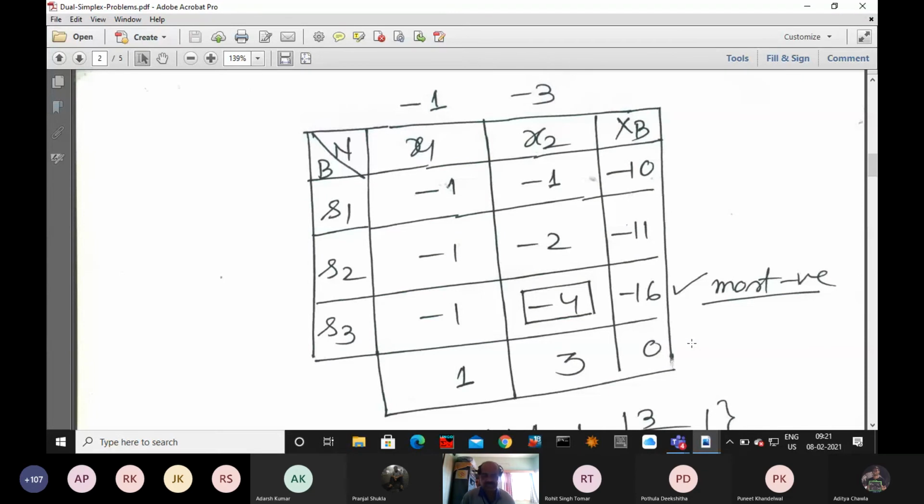Positive means there may be some increment in the auxiliary function, not for the constants. And what about the right-hand side? The right-hand side is all negative. So due to the negative value of the slack variables, we are saying the problem is infeasible, but it is feasible, right?